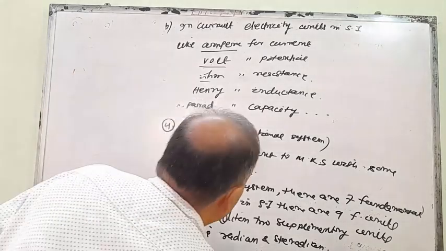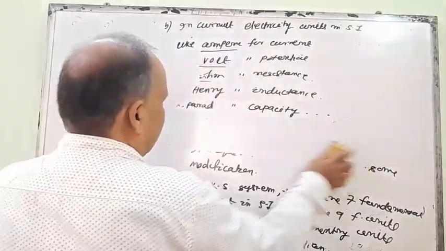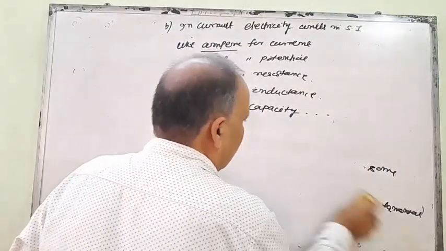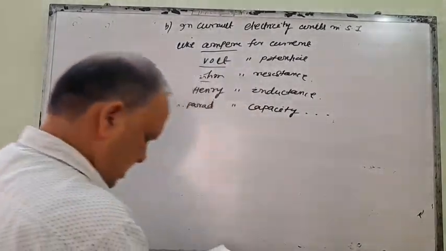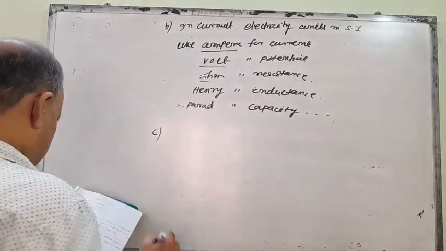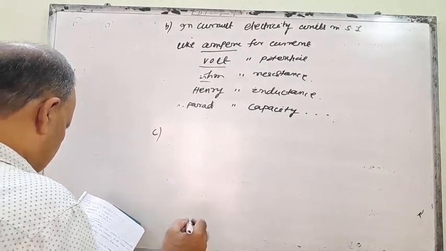Or these are the practical units. Your third difference is, SI is a rational system of unit.